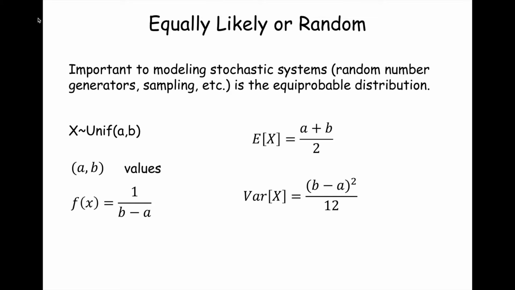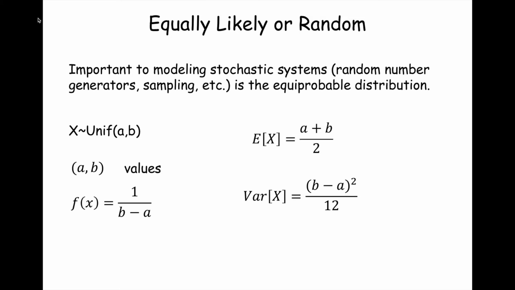So 4b squared minus 3b squared, that's just b squared. 4ab minus 6ab, that's minus 2ab. And then 4a squared minus 3a squared, that's plus a squared, all over 12.